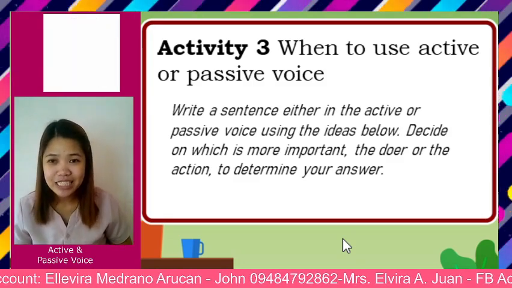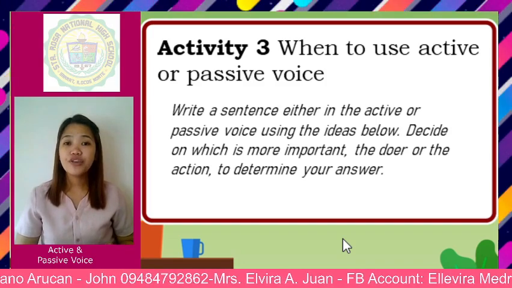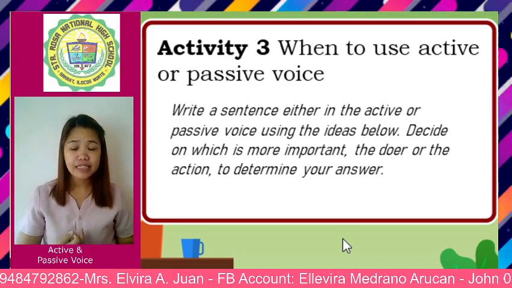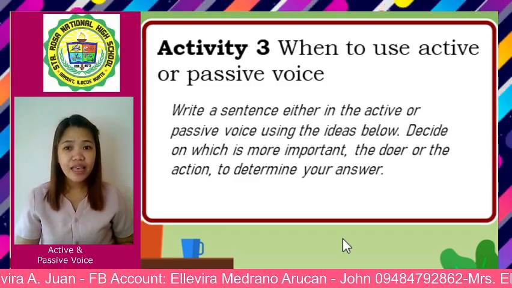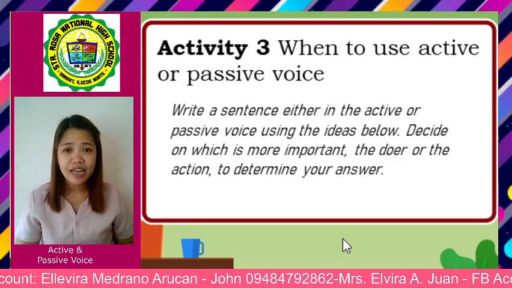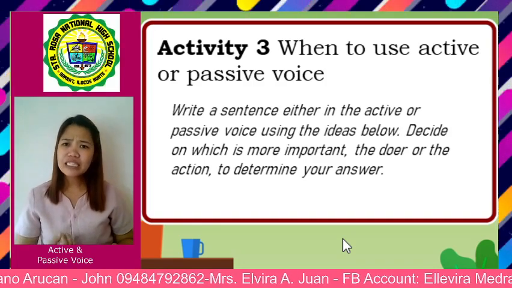So you will be given sentences. All you have to do is write either an active voice or passive voice. And first, you have to decide which is more important, the doer or the action. Let's have an example.